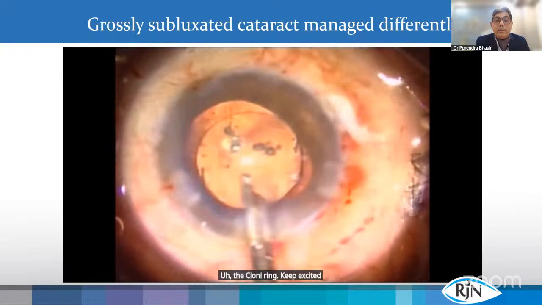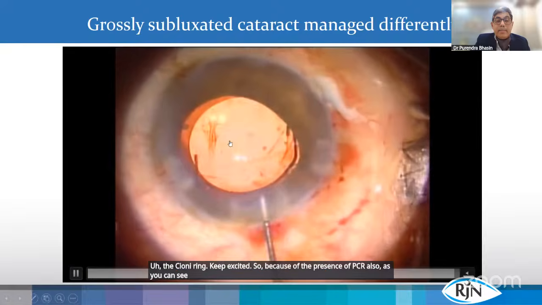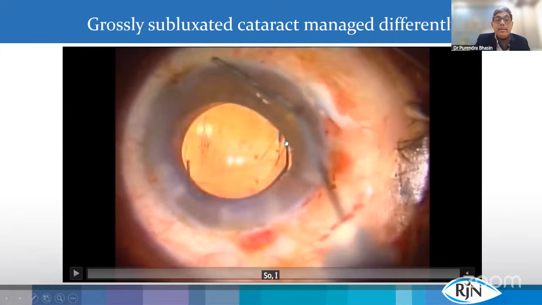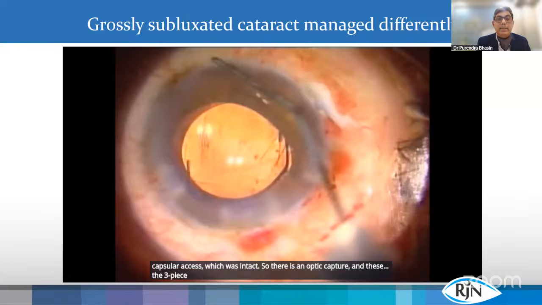Because of the presence of a PCR also, as you can see, I placed the three-piece lens in the sulcus, and the optic is captured in the capsulorhexis, which was intact.